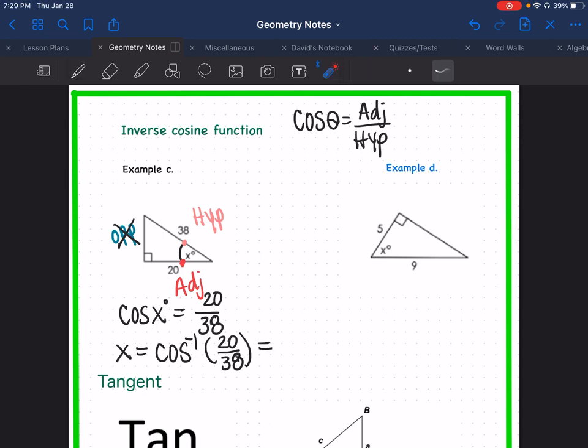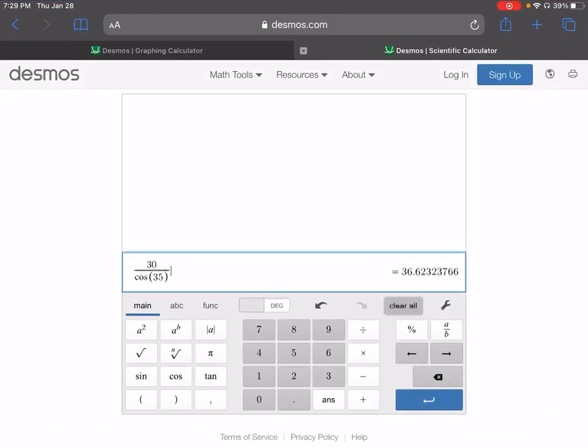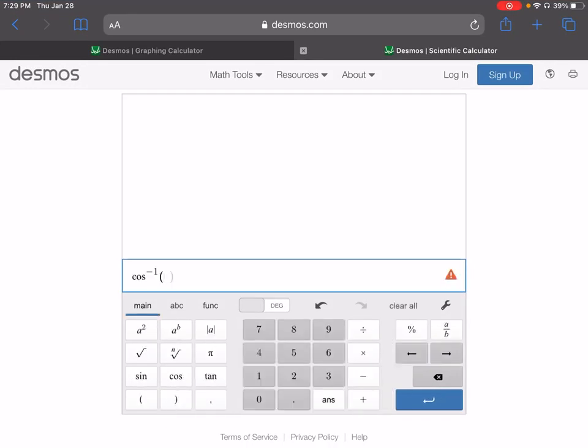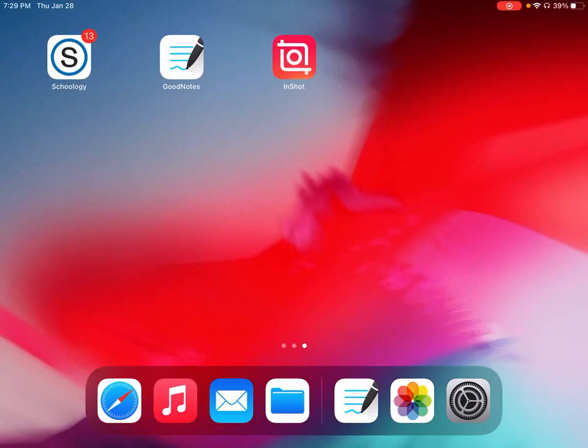This is going to go straight into the calculator and give me my answer. So 20 divided by 38. 58.2 or 58.24.